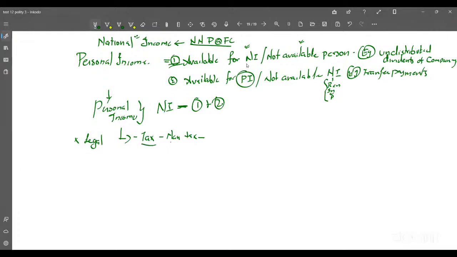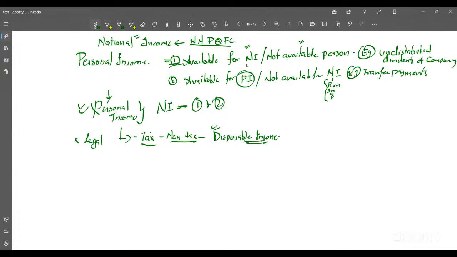Once you have paid your tax and the fines, you'll have the rest of the money in your hand, which is legal to dispose. We call this disposable income. So personal income is different and disposable income is different. Personal income minus taxes minus non-tax liabilities, we get disposable income.